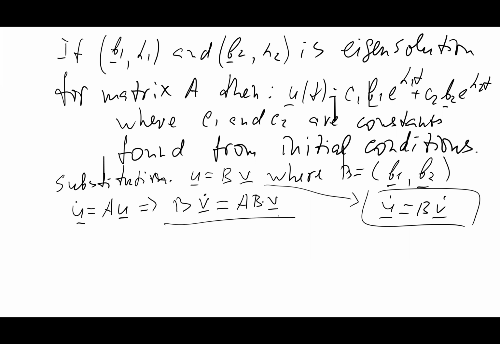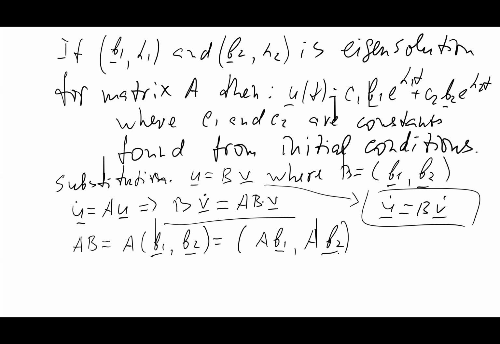So we got this. And here we want to analyze what is this product of matrices A and B. AB is A times (B1, B2). This is a matrix with first column A times vector B1 and second A times vector B2. Since B1 and B2 are eigenvectors, A times B1 is lambda 1 times B1, and A times B2 is lambda 2 times B2.